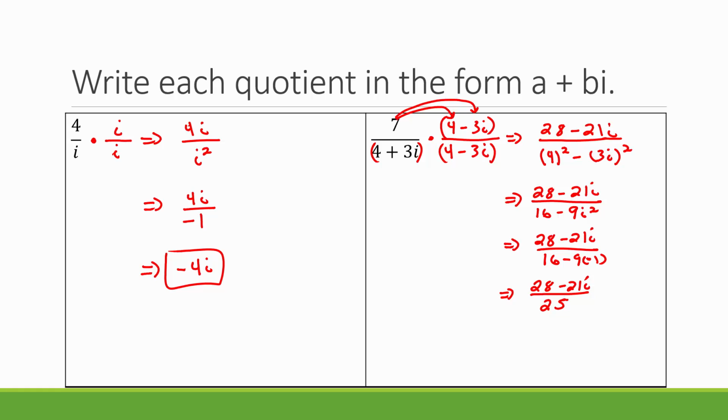So we need to separate this into 2 fractions. So we will write this as 28 over 25 minus 21 over 25 times I, so that we will have that in a plus bi form.